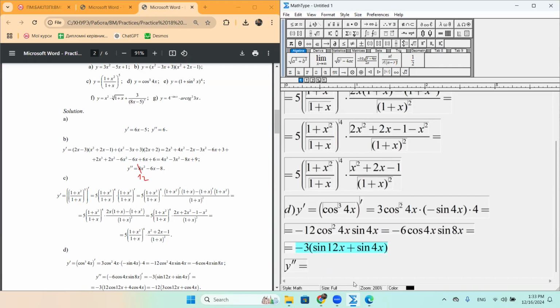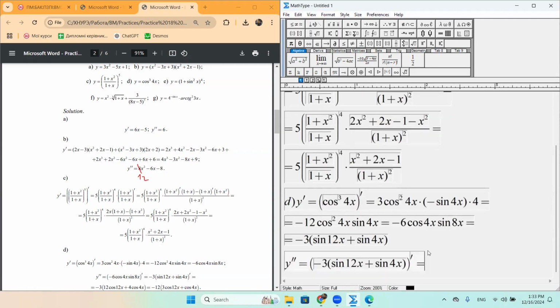And we will differentiate this expression. It's definitely more pleasant to differentiate a sum. So minus 3 times 12 cosine of 12x, and plus 4 cosine of 4x.